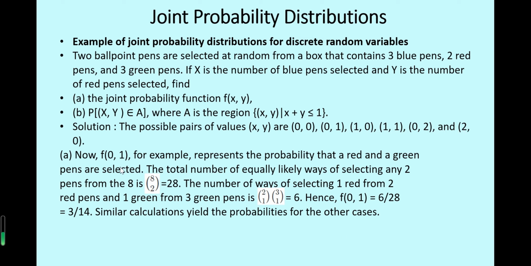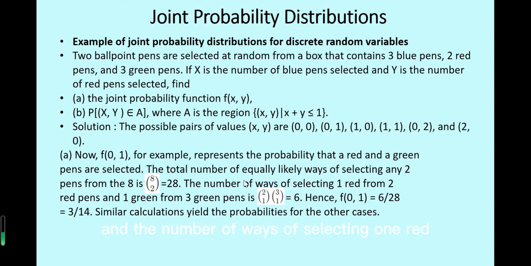Now, f(0, 1), for example, represents the probability that a red and a green pen are selected. The total number of equally likely ways of selecting any two pens from 8 is C(8, 2) = 28.